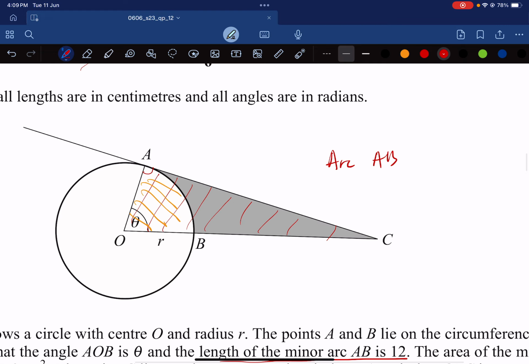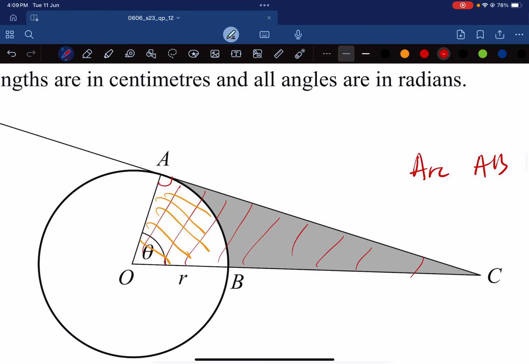We learned from IGCSE mathematics that tangent and radius are at 90 degrees. So in order to find the area of triangle OAC, we take this as base and this as height.